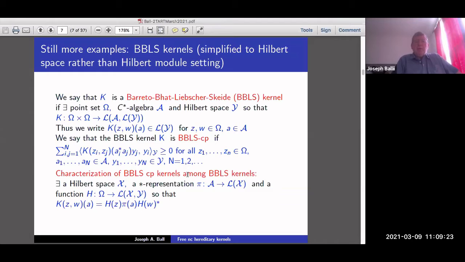Still more examples. BBLS stands for the paper of Pareto, Bott, Liebscher, Skida.